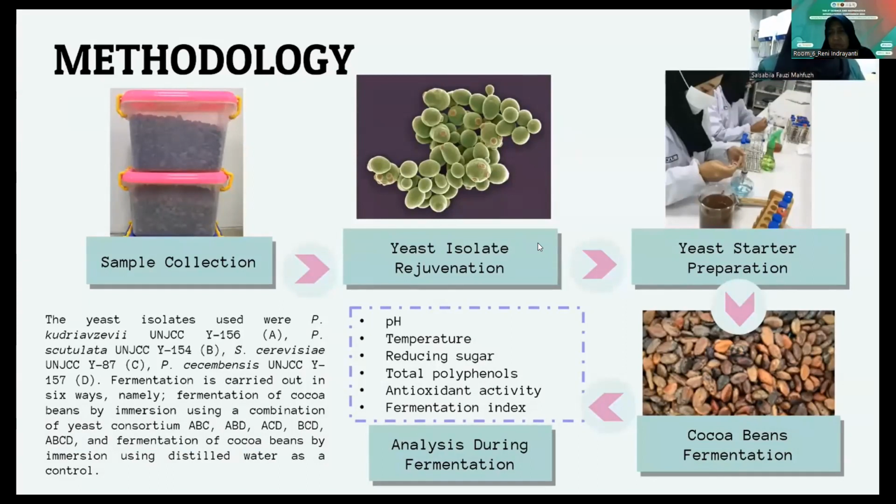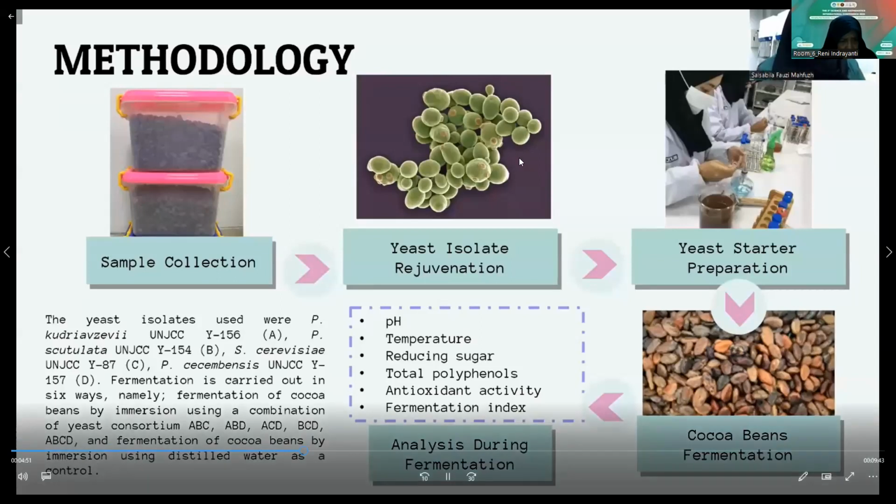In this research, we use four types of yeast isolates, namely Pichia kudriavzevii ZPE, UNGCC Y156, which we code A, and Pichia scutulata, UNGCC Y144, which we code B. The third one is Saccharomyces cerevisiae, UNGCC Y87, which we code C. And the fourth one is Pichia sesembensis, UNGCC Y157, which we code D.